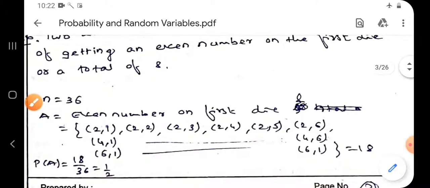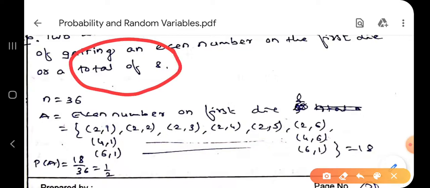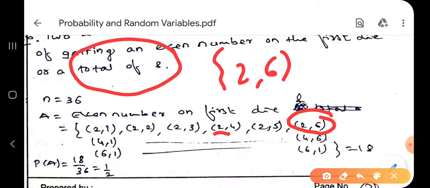Now B, we just set event B. What do we want in event B? The total must be 8. The total will be 8. For that, what do we have to do? If you see carefully in the first one, 1 2, 1 3, 1 4, 1 5, 1 6, even if you go up to there, the total must be 7, so the first will not come. Now in the second, 2 1, 2 2, 2 3, 2 4, 2 5, 2 6, only 2 6 will come. Correct? So 2 6. Next one, what will come? 3 1, 3 2 up to 3 5.